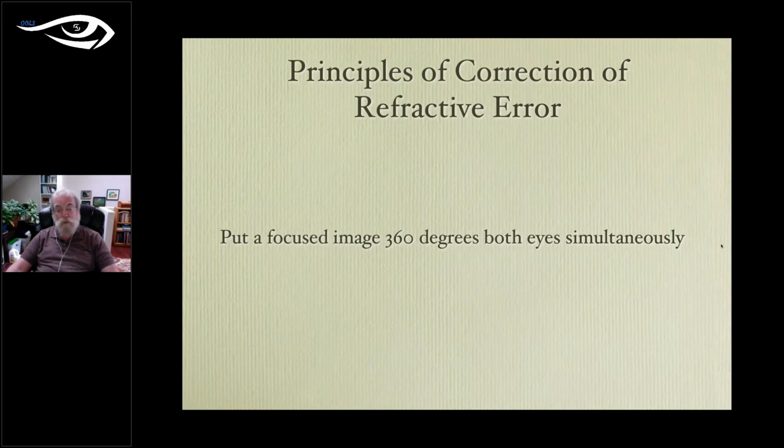If the image is not completely focused, taking into account anisometropia and astigmatism, then you are not putting a clear image there for the rest of the visual system to deal with. Very simply, if you don't have clear images on both retinas, you haven't done your job as far as I'm concerned.